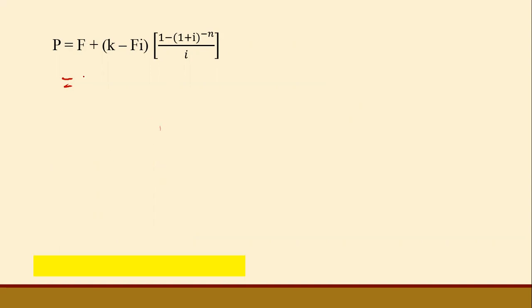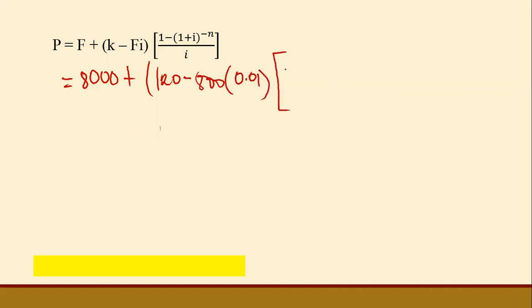So this is equal to 8,000 yung face value plus yung redemption value na 120 minus 8,000 times 0.01. Okay, and then nasa loob ng bracket, 1 minus the quantity of 1 plus 0.01 raised to negative 30.